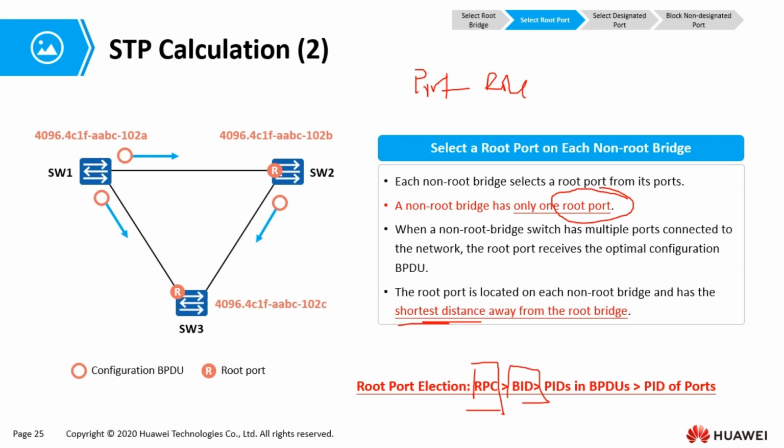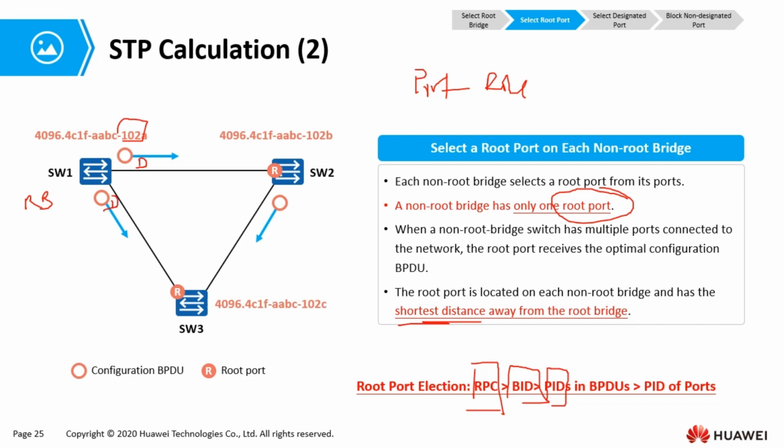If the bridge ID is the same, then we compare the port ID. For example, in this network, switch 1 with the smallest bridge ID becomes the root bridge. Remember the root bridge will not have a root port, so its ports are immediately designated ports.